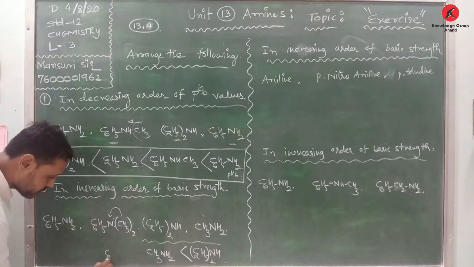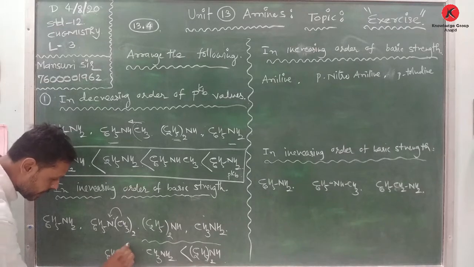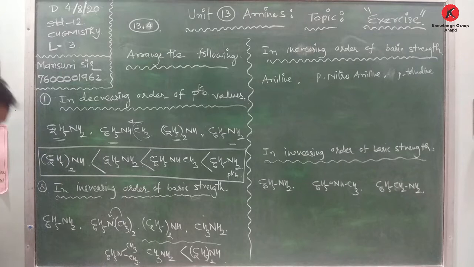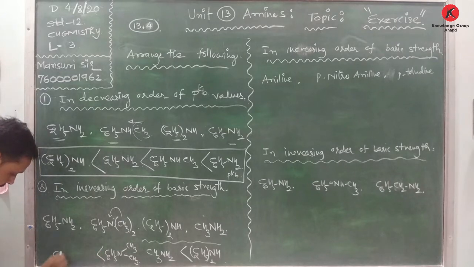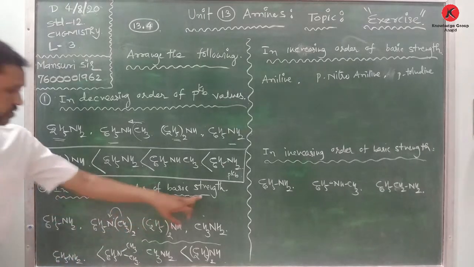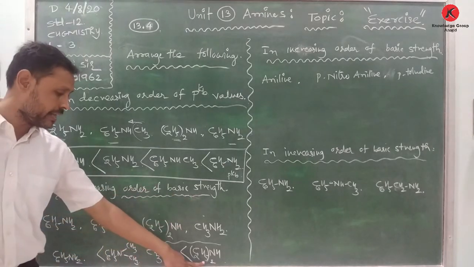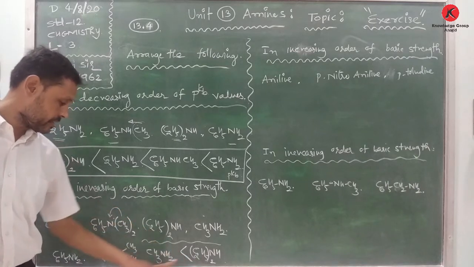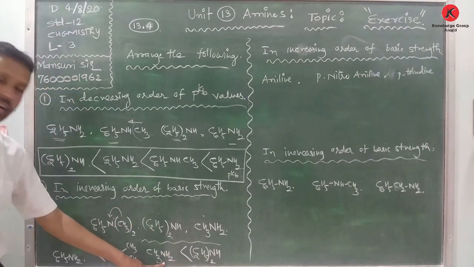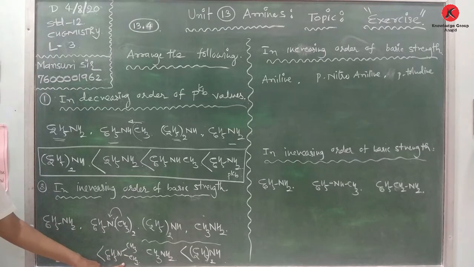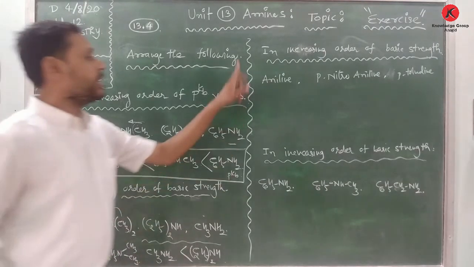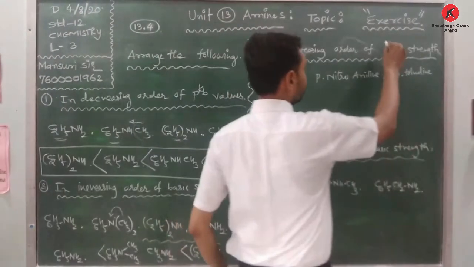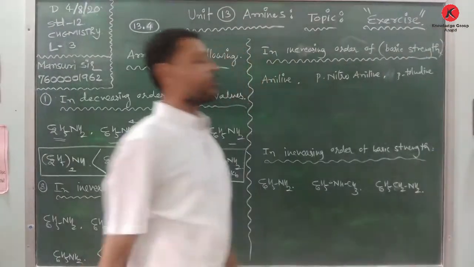So the basic strength of diethylamine is very high compared to methylamine, which is higher than N-methylaniline, which is higher than aniline. Okay, in increasing order of basic strength, now which have more basic strength?